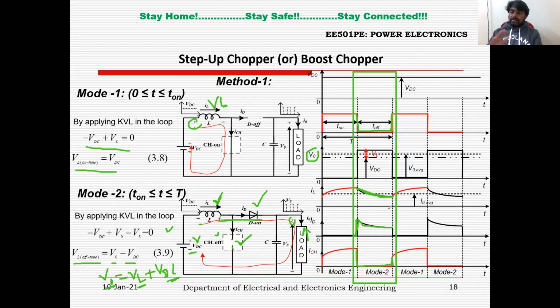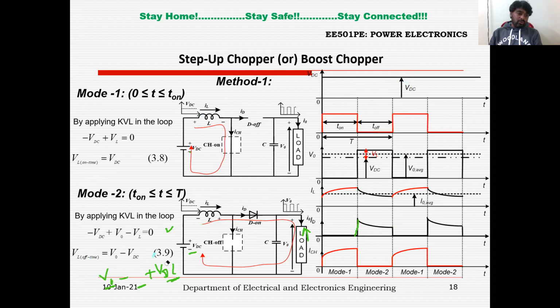And these modes repeat continuously, right? Mode 1, mode 2, like this. So now you can see during mode 1, this is the voltage across inductor, and during mode 2, you can see the expression for the inductor current here, right?